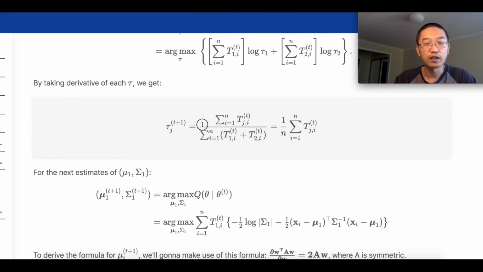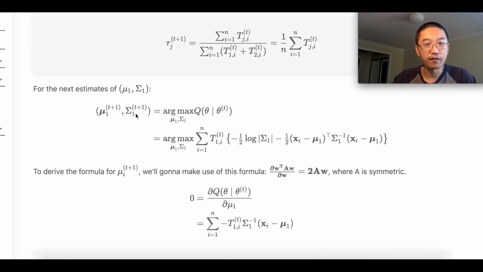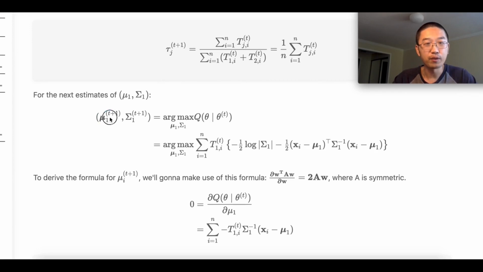So now we already have the formula for calculating tau given the previous t. We can calculate the next tau term, and then we need to find the next mu term and the next sigma term, the t plus 1 terms.